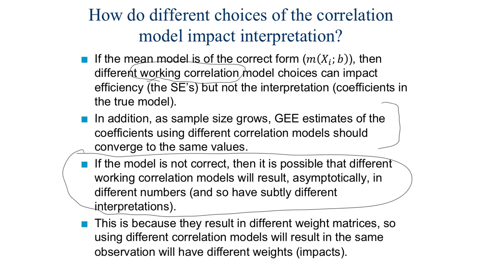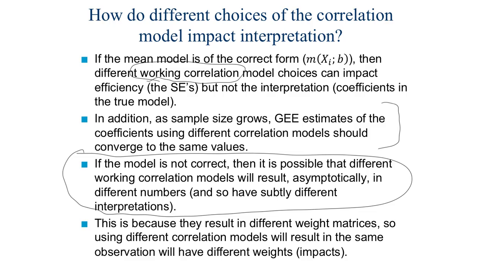That's not true if it's correct. But even asymptotically, as sample size gets big, if I use different weight models, I can get totally different estimates. That's because it's going to weight the data differently based on the relative sample size among subjects, how strongly things are correlated, and how close your mean model is to the true model.